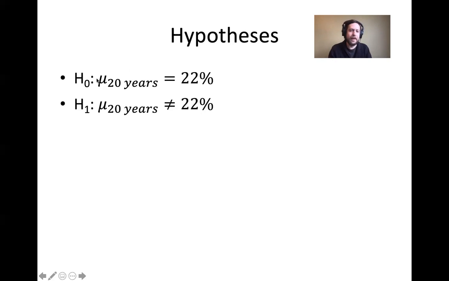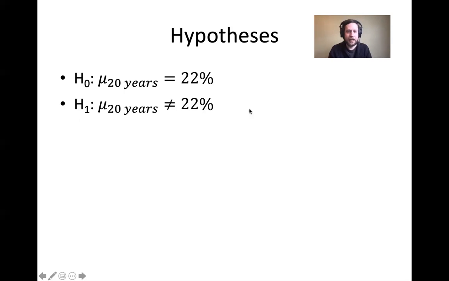You would state that mathematically: the mean of our sample from those 20 years is the same as our population mean of 22%. That's the null hypothesis. Our research hypothesis is that the mean of those 20 years is different than 22%.